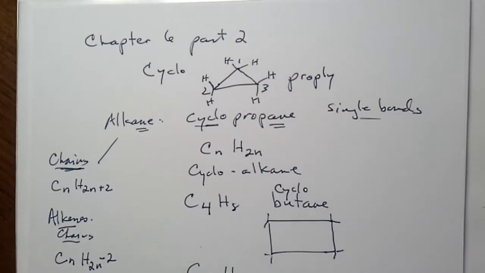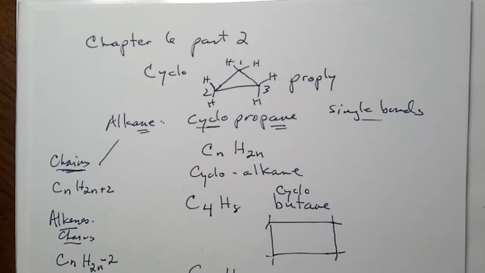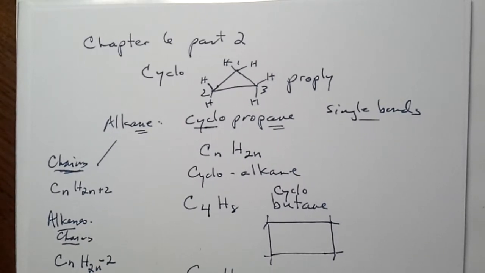C5H10, okay, is cyclo, 5 carbons, pentane. And we can draw that structure like this. 1, 2, 3, 4, 5. And again, each carbon has a hydrogen.